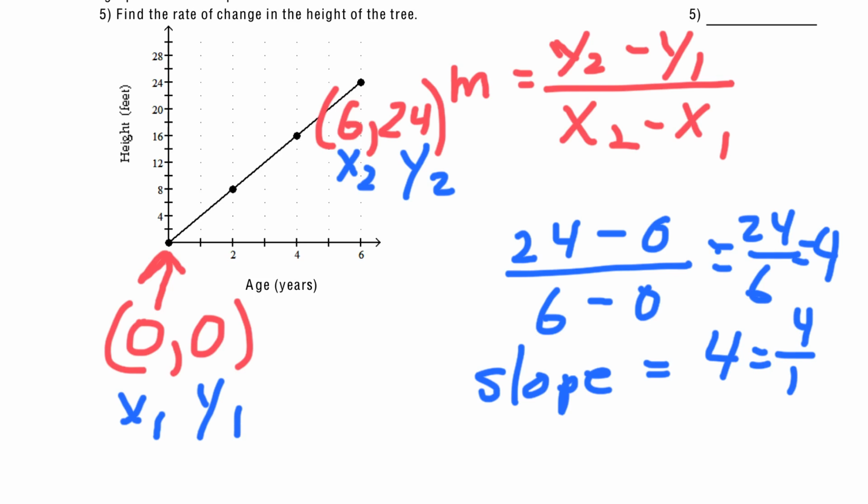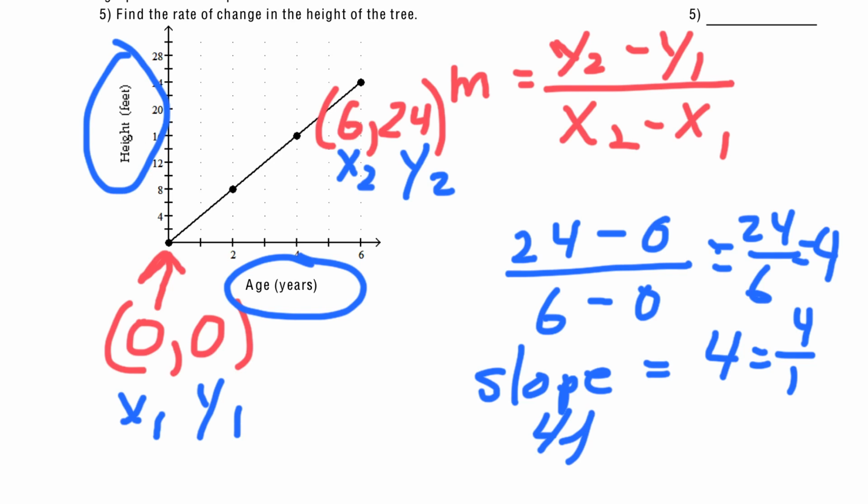But 4 over 1 what? Well, let's go back to our units that are in our table, in our graph. And it's feet per year. So it would be 4 feet per year, or per 1 year. The tree grows 4 feet a year.